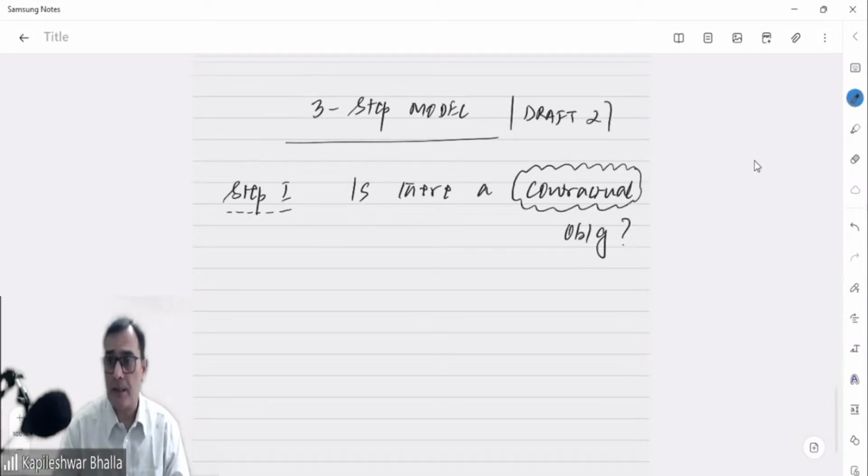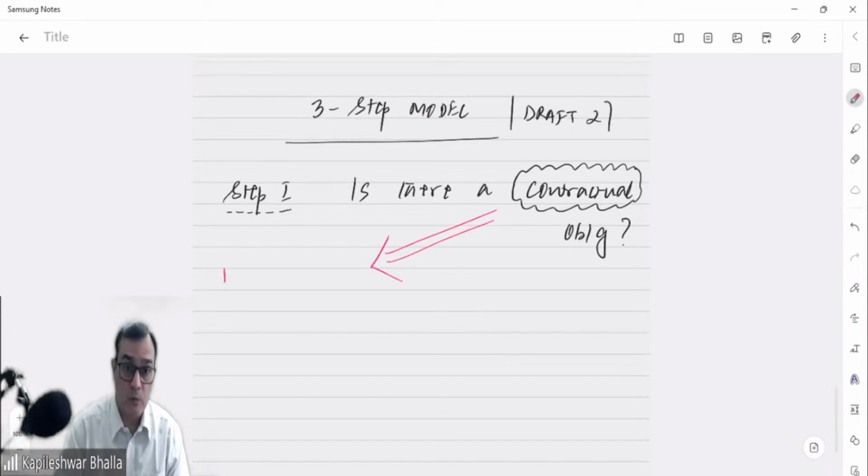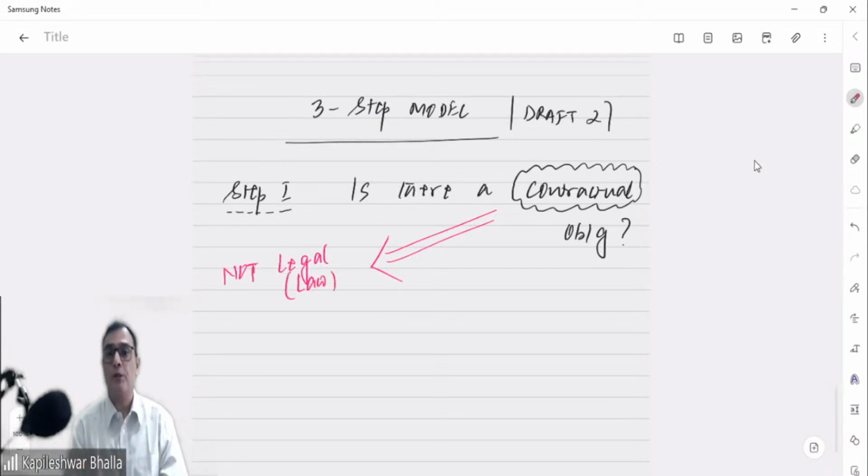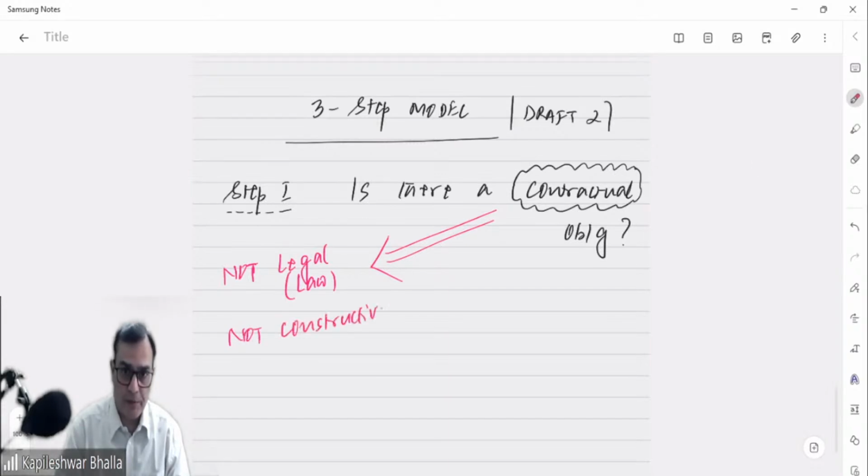Let's again make a little mention that when I say there is a contractual obligation, we're saying it's not legal. That means it's not by virtue of law. If there is an obligation which is triggered by virtue of law, we're not considering that, and it's not constructive. So what we need to consider in this particular case is only that the obligation is contractual in nature.